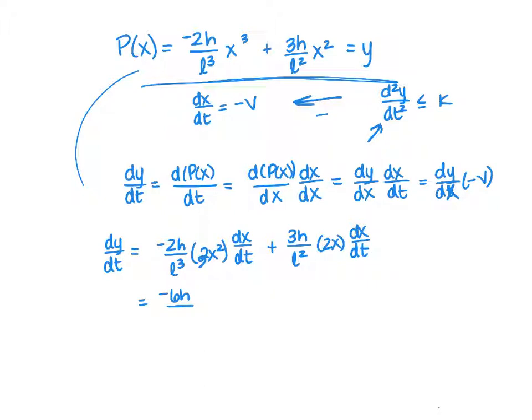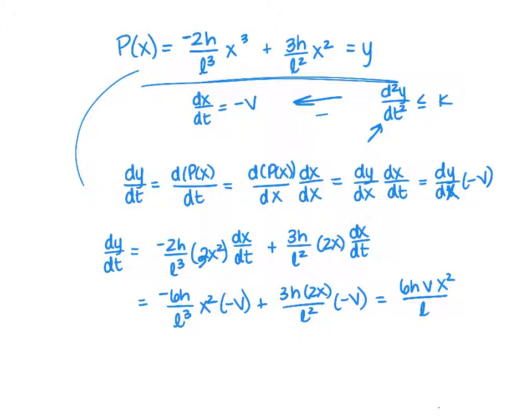Minus 6h over L cubed times x squared times minus v plus 3h times 2x over L squared times minus v equals 6hv x squared over L cubed minus 6hvx over L squared. So that's my dy/dt.